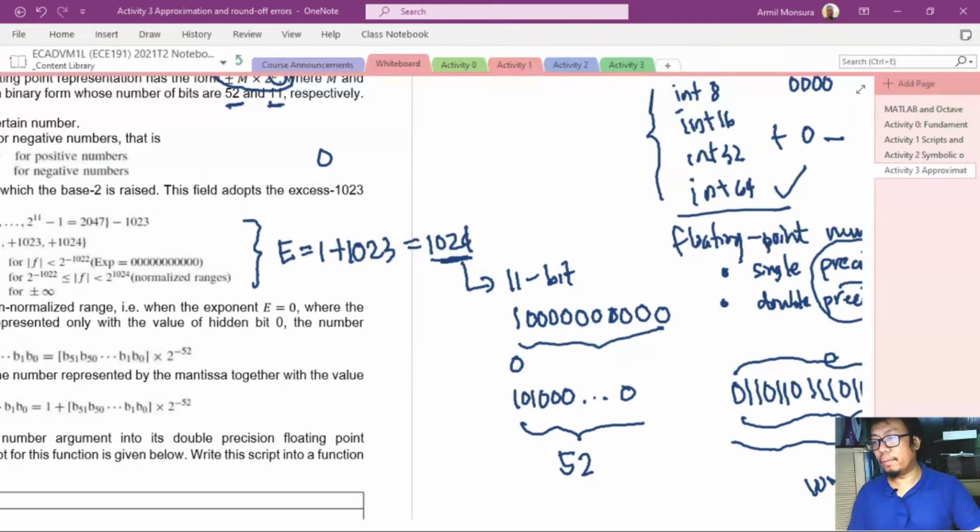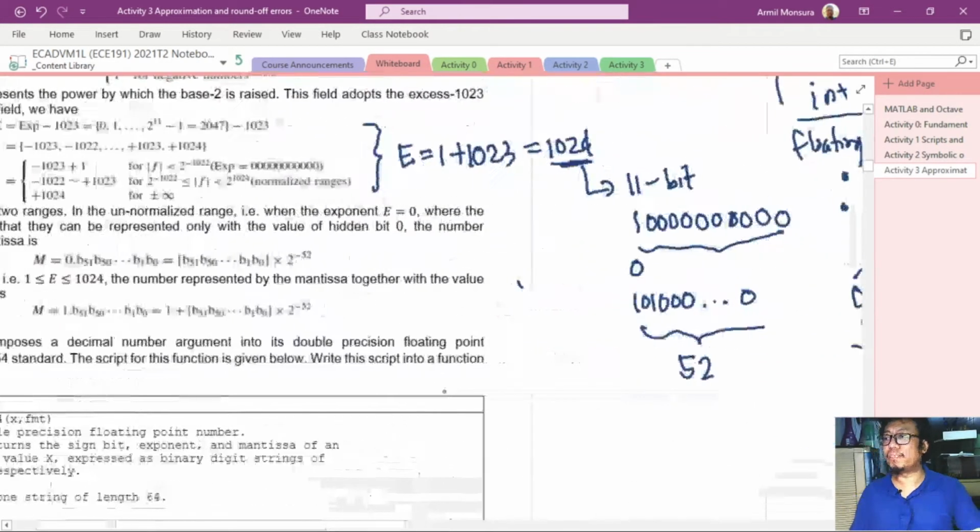This is where the approximation happens.